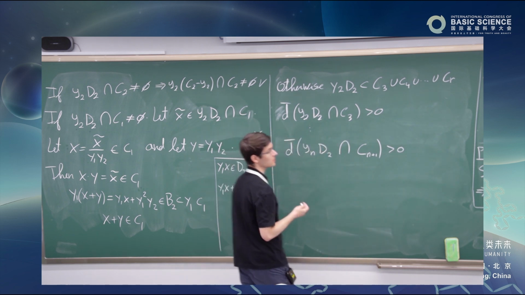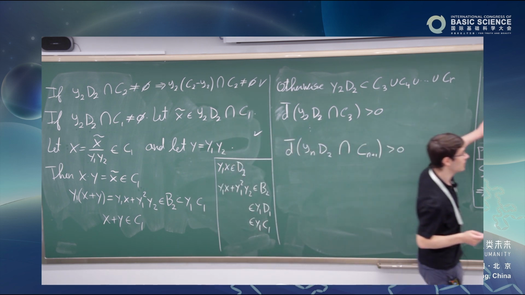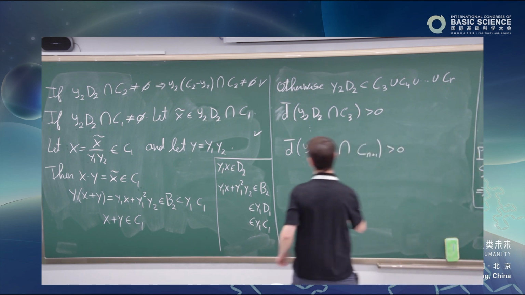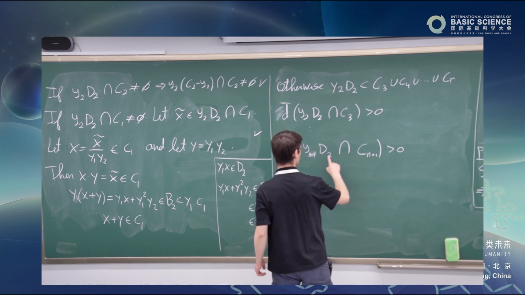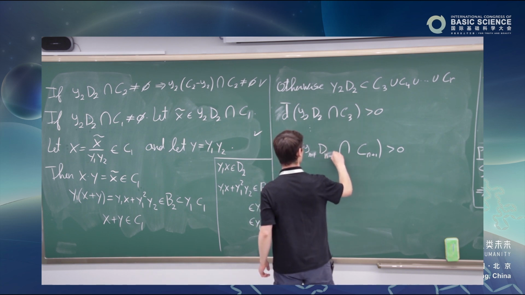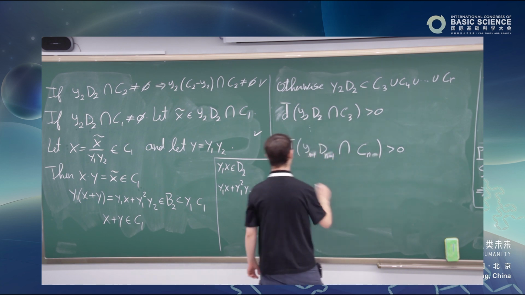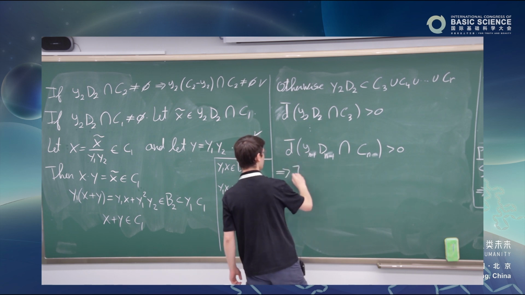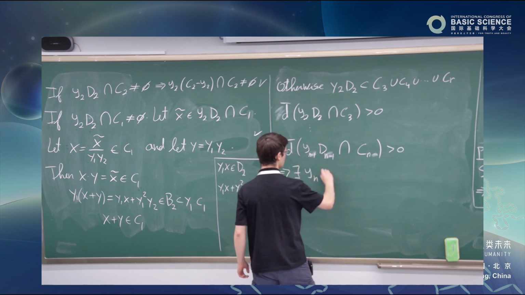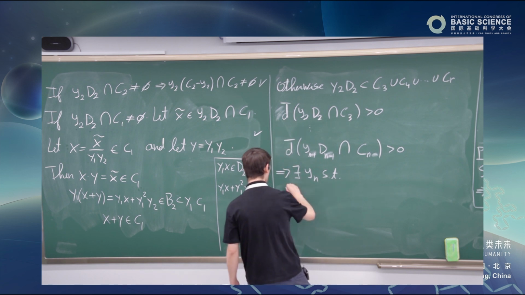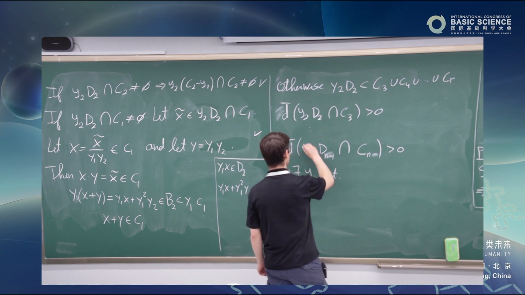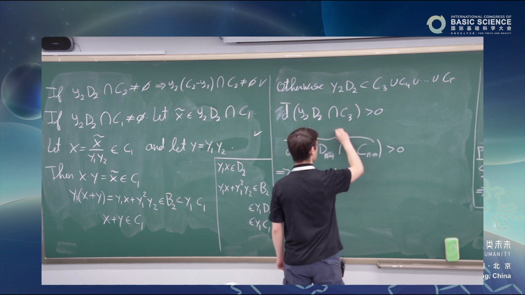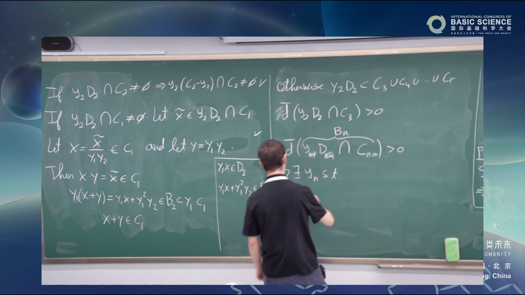So then we use Szemerédi's theorem to find y_{n-1}, d_{n-1}, cn. So then we can find yn such that, oh, I didn't give a name. So this is what we call bn.